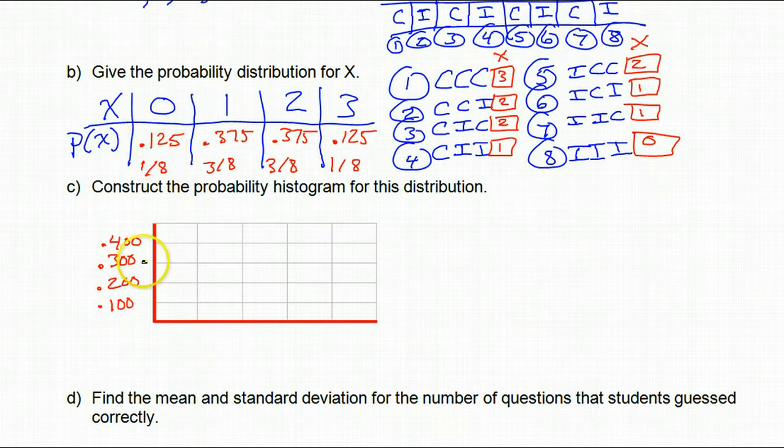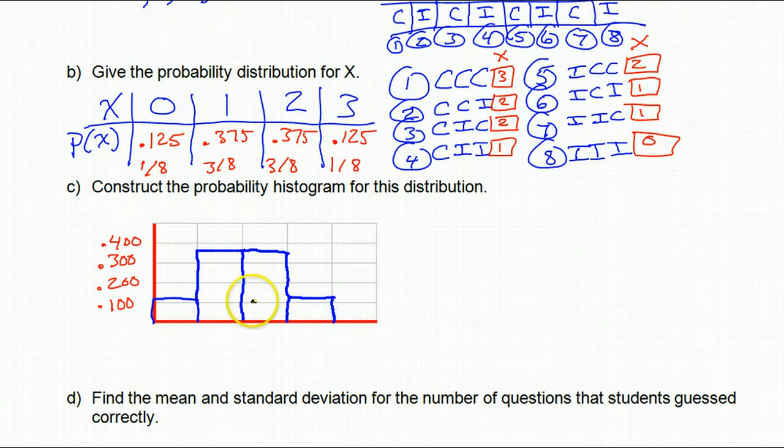So the first bar of our histogram is going to 0.125. That's just a little bit over 0.100, so right about here. And then 0.375, so that's right about here. And then another 0.375, so I'll just go straight across. And then another 0.125.